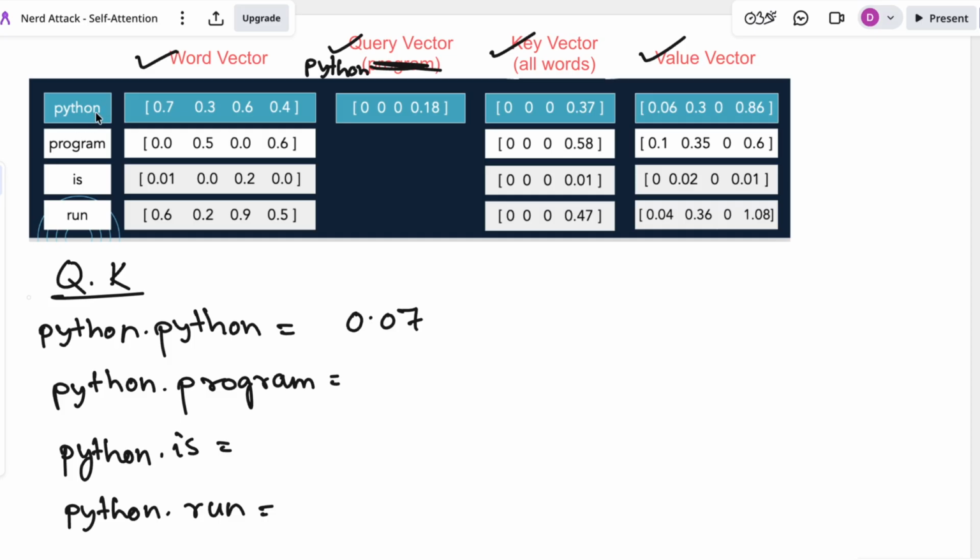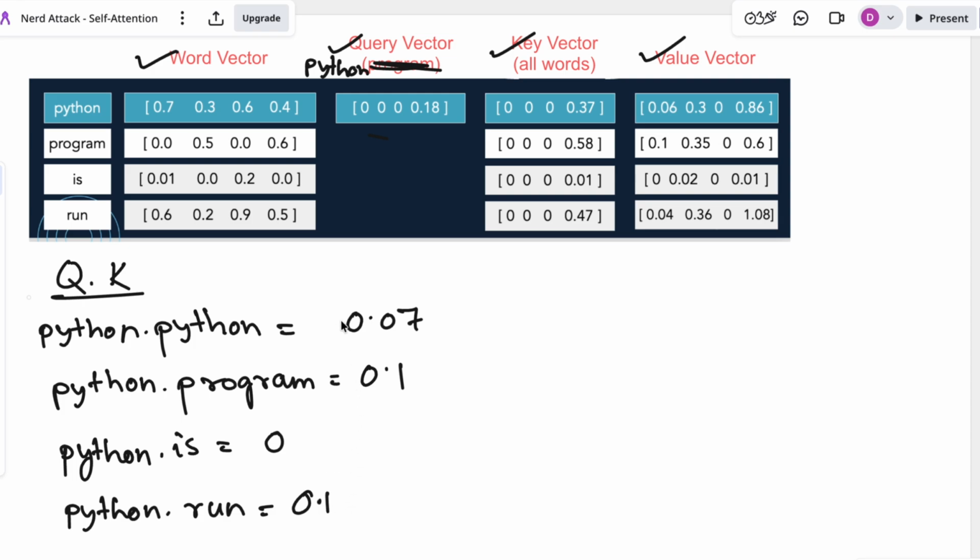Similarly, let's find out the dot product of the query vector of Python and the key vector of program, which would be 0.18 into 0.58. Now it is approximately 0.1. Then Python and is, 0.001. Let's consider it as 0 only. Then Python and run, which would be 0.18 into 0.47. And it comes out to be 0.1.